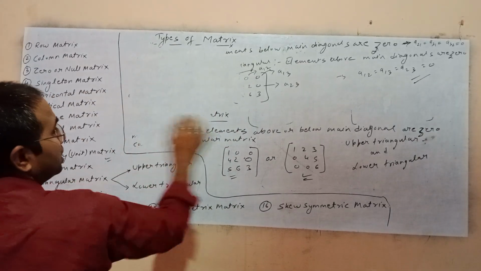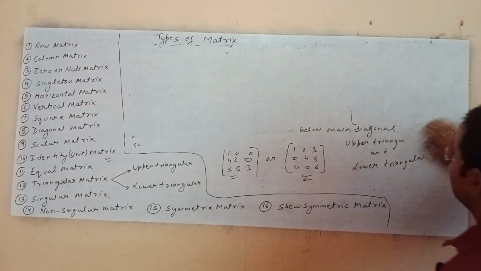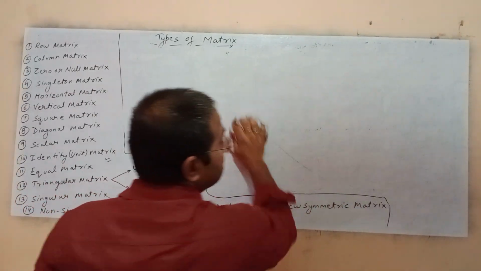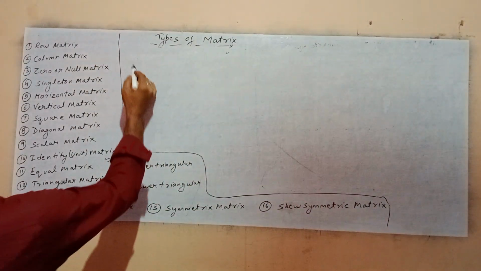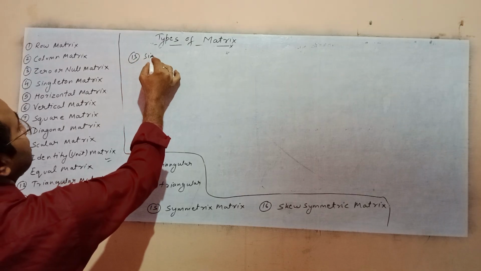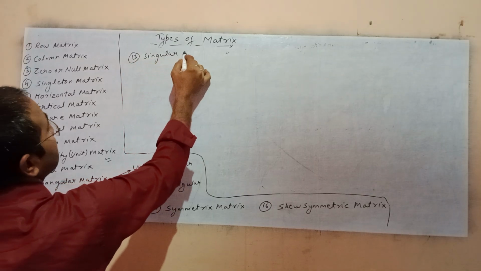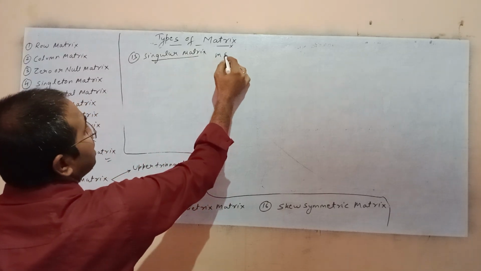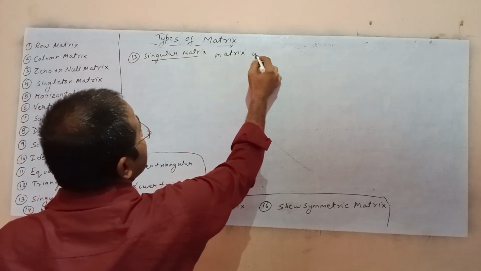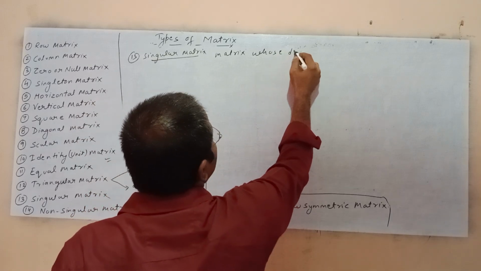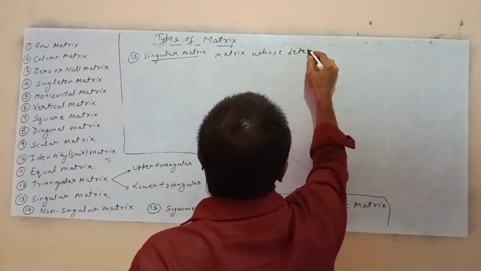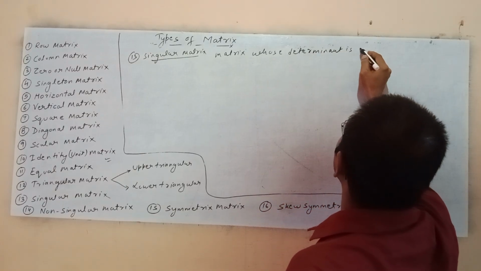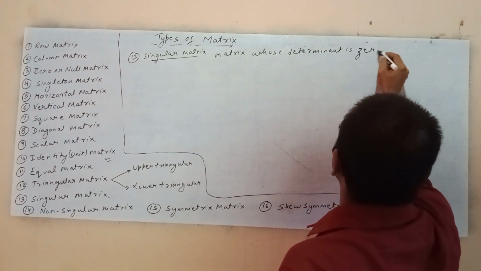Now let us see the next type of matrix. The next type of matrix is the singular matrix. Now let us see the 13th one, singular matrix. Singular matrix means a matrix whose determinant is 0.